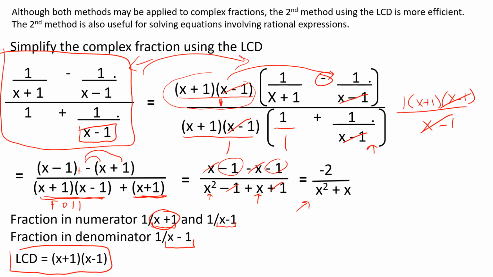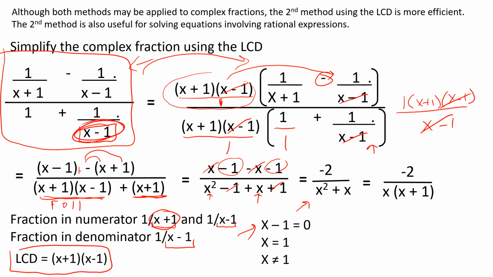So you're going to have to do that where, and you could factor out an x just to double check, by the way. So anyway, you're going to take this x minus 1 right here, solve for x, and x cannot be 1. So then you write your excluded value where x cannot be 1. All right.